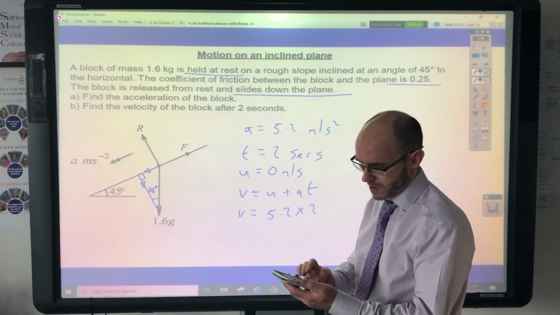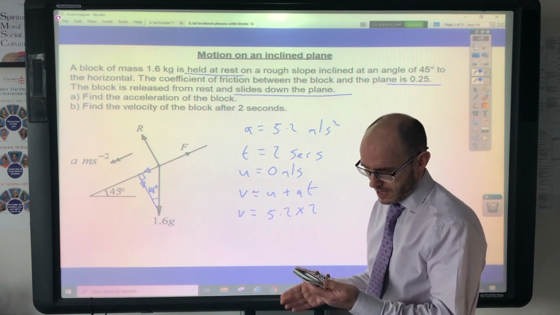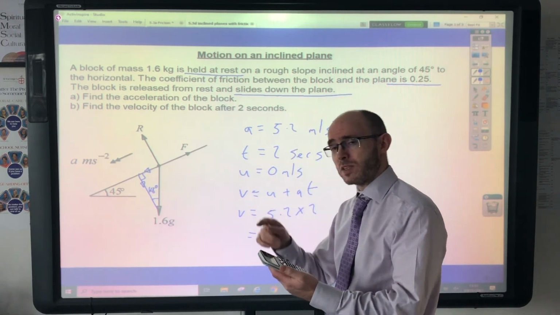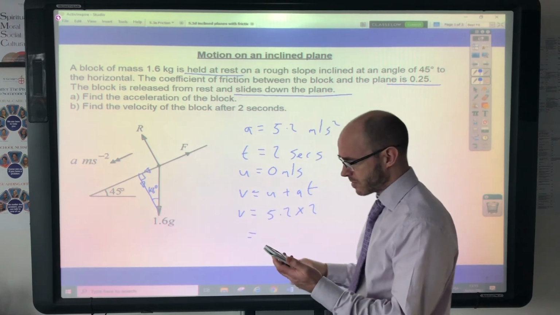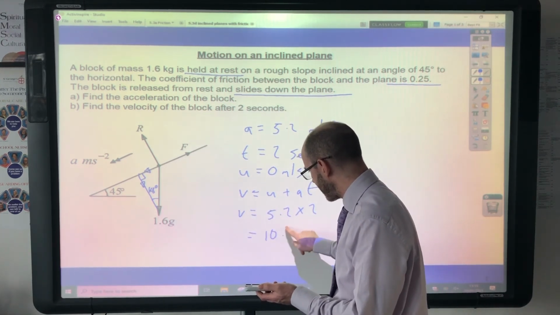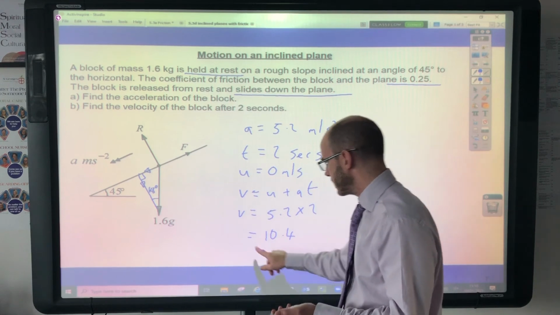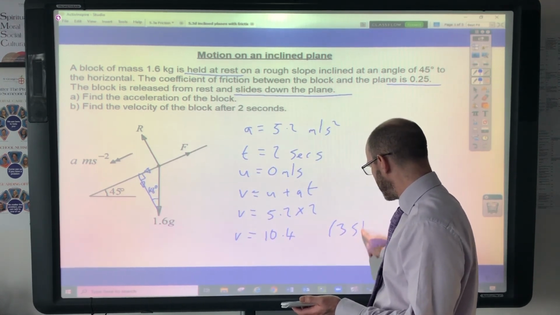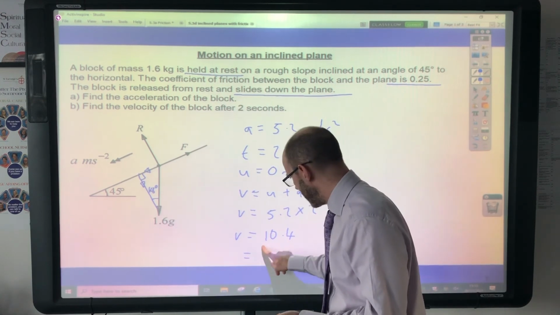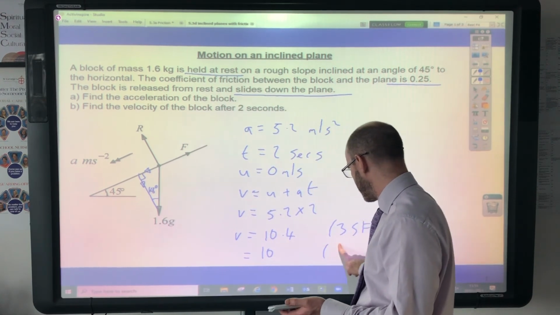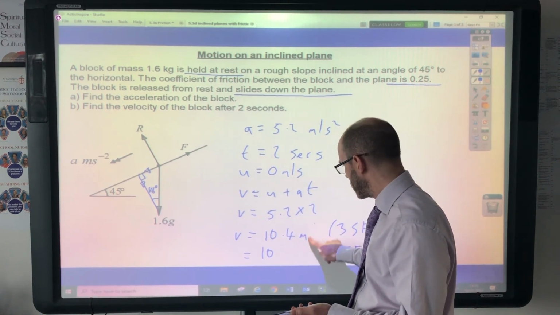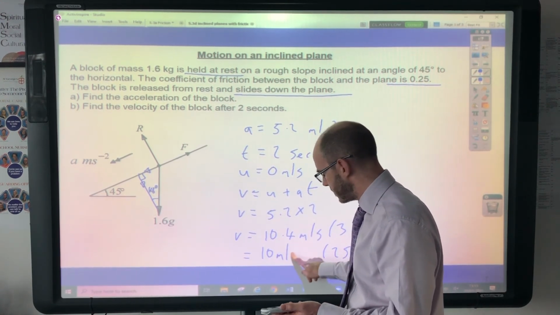And actually my calculator does give me the same answer, even to 3 significant figures. But if you've been consistent, then you might want to round it to 2 significant figures. And let's not forget, because it is a velocity, some units should go on there as well.